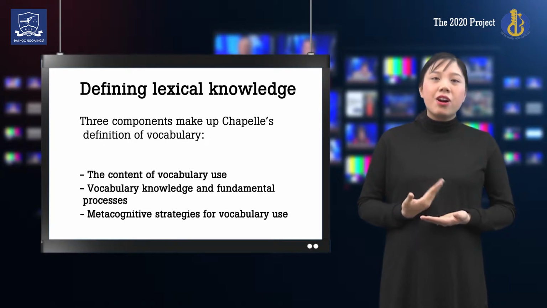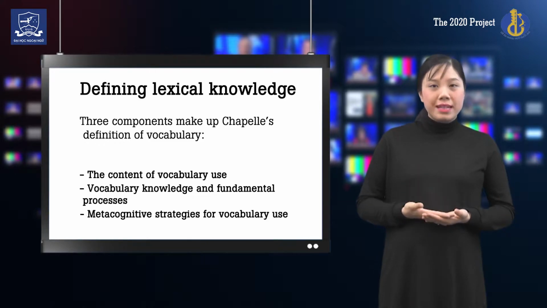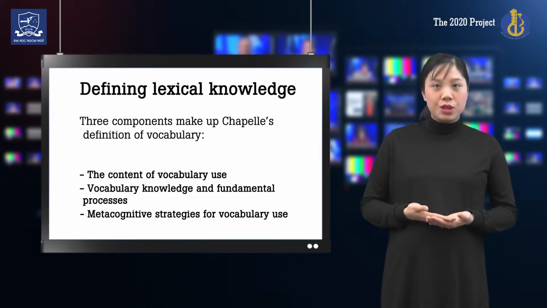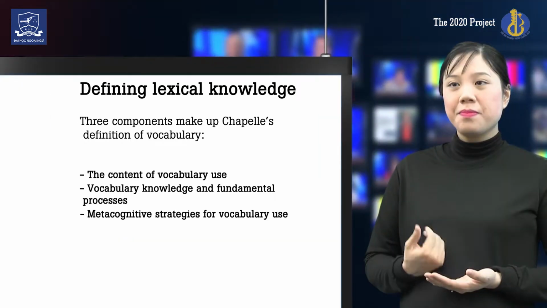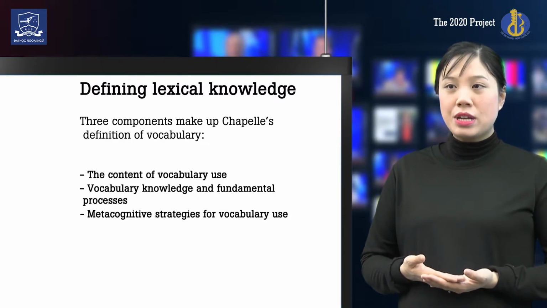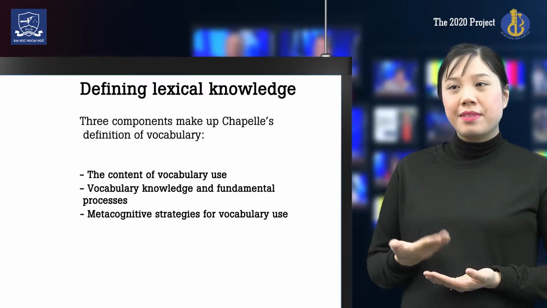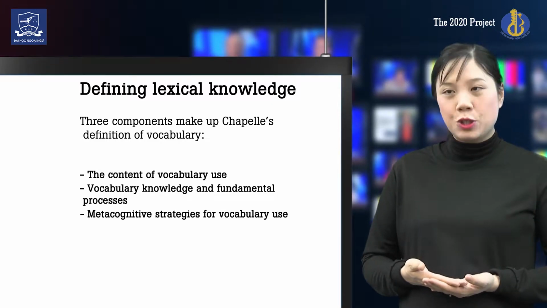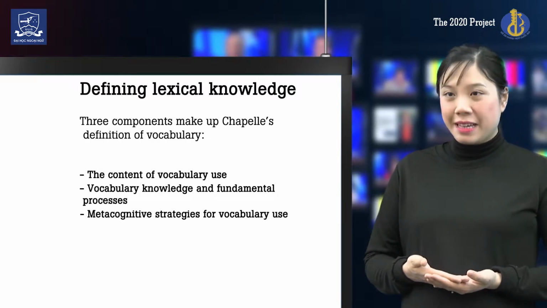3. Metacognitive strategies. The third component of vocabulary ability is metacognitive strategies that all language users employ to manage communication. Second language learners often use metacognitive strategies to overcome their lack of vocabulary knowledge when they are communicating.